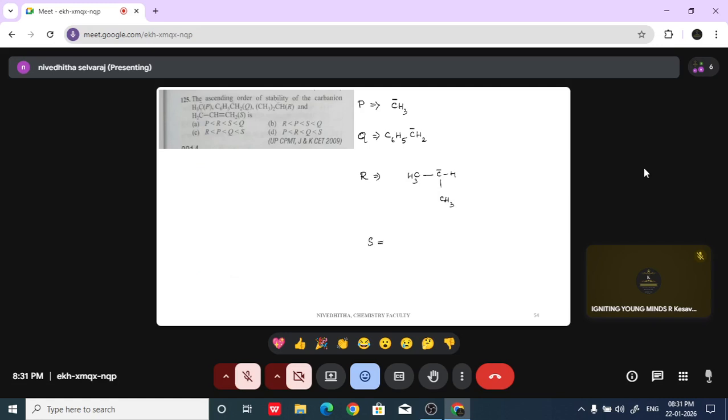Next is S, CH2 double bond CH single bond CH2, and this CH2 has one negative charge. So all these intermediates are carbanions, and we have to check for the stability order. We know the normal stability order, right? So first categorize these carbanions and come up with the right option.